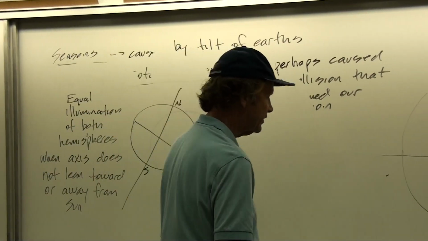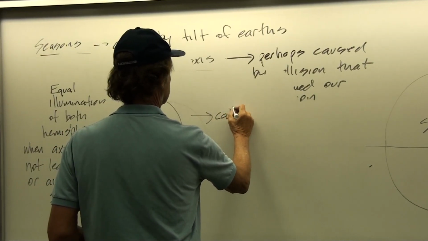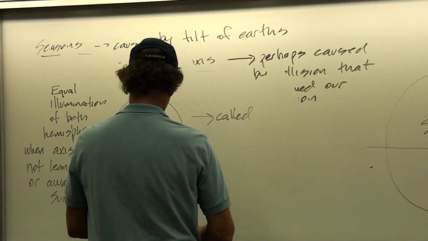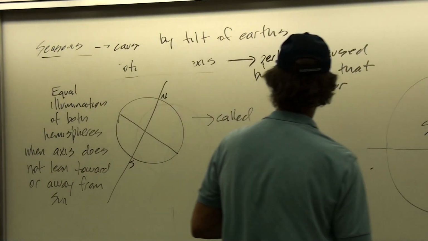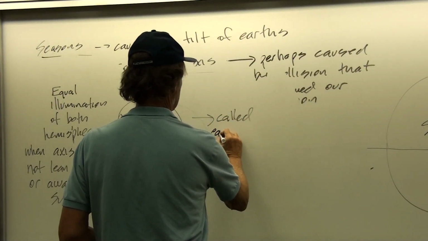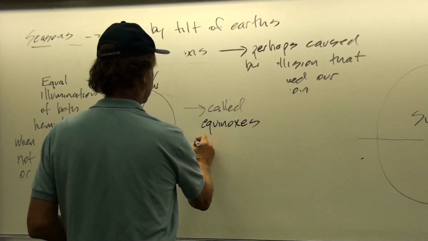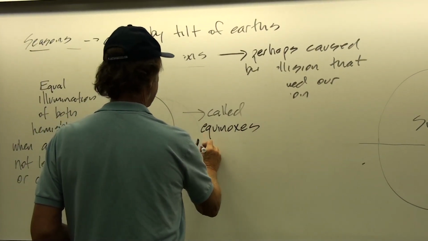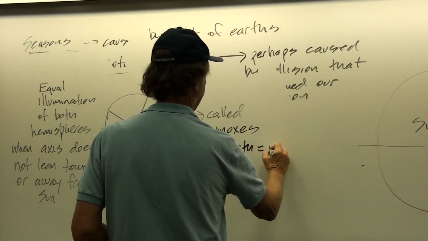It happens 2 times a year. And so equinox just means the day length equals the night length.